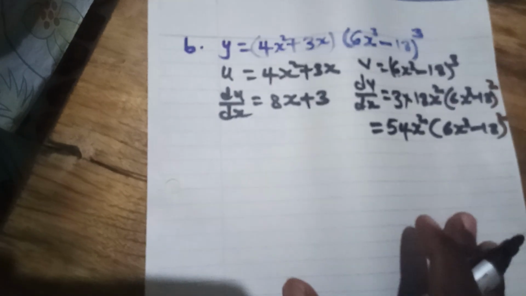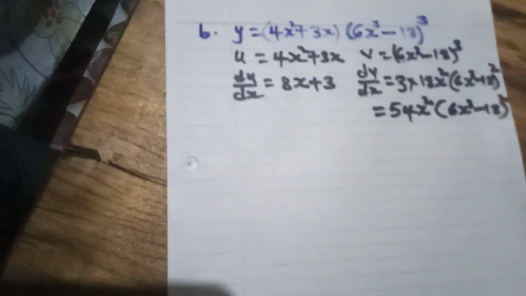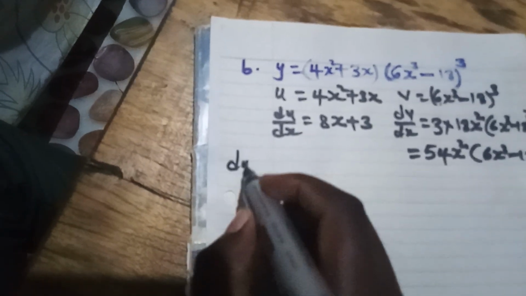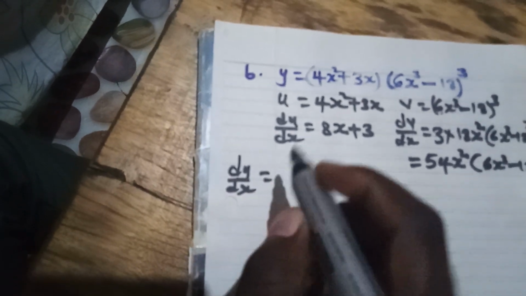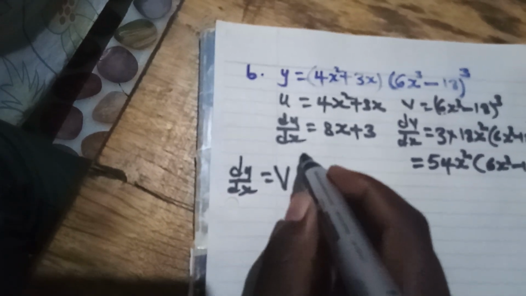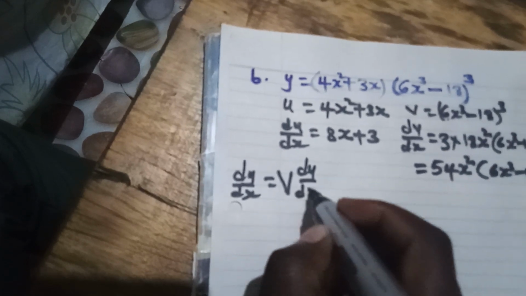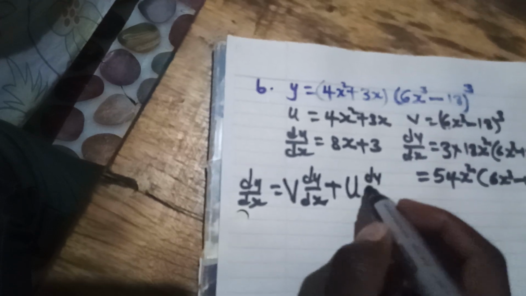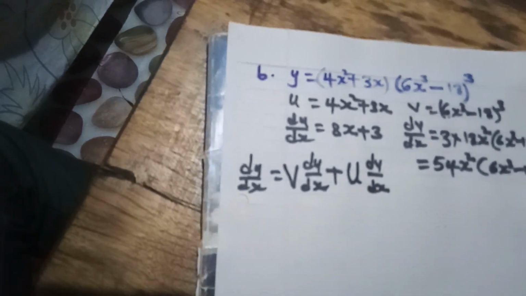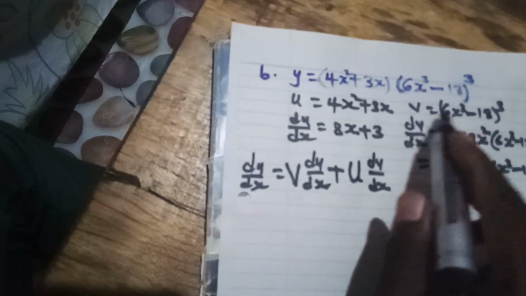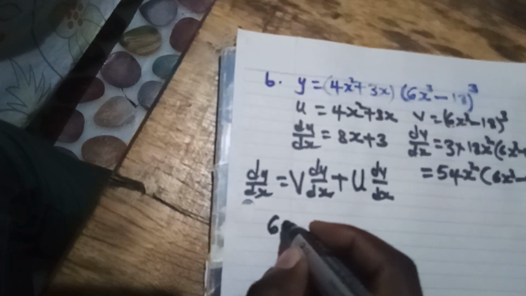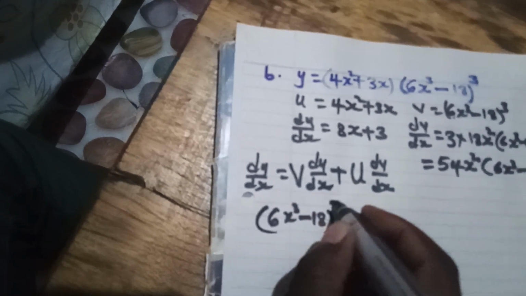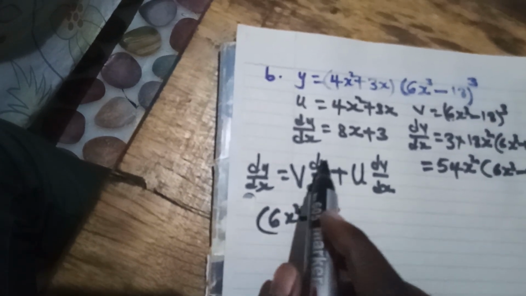Let us now apply the general formula for product rule. dy over dx should give us the value of v du over dx plus u dv over dx. So our v was 6x cubed minus 18 to the power 3. We multiply by du over dx.